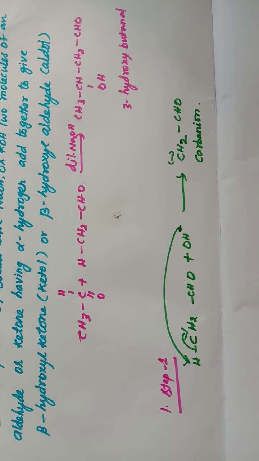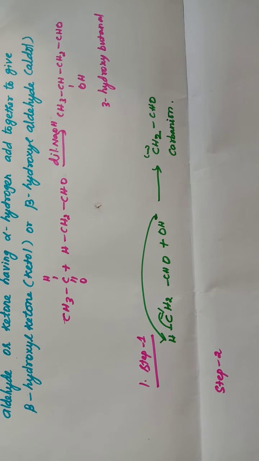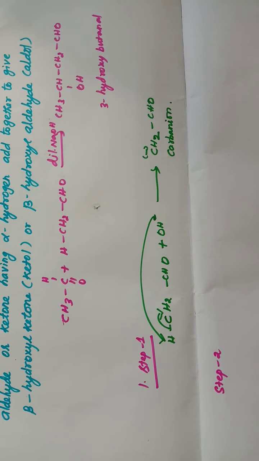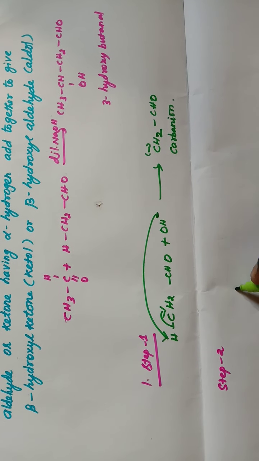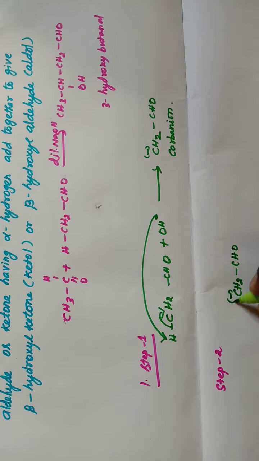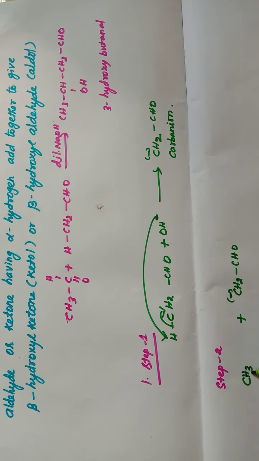The second step: the carbanion attacks the carbonyl carbon of another aldehyde. This carbanion CH2 CHO attacks the carbonyl carbon of another aldehyde.